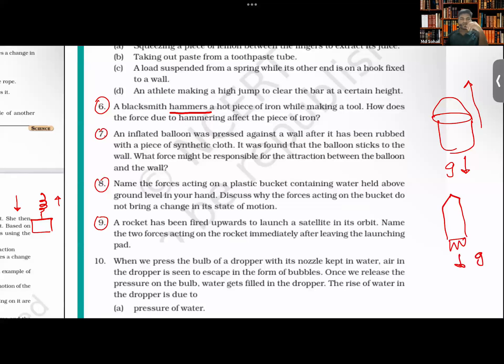And then this rocket is experiencing air resistance as well, that is also trying to pull it down. So it's also a mechanical force, right? Mechanical force is being applied by this rocket here. Good.